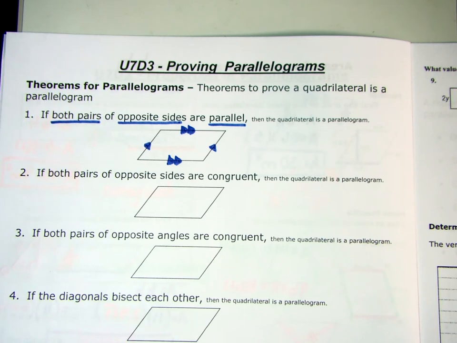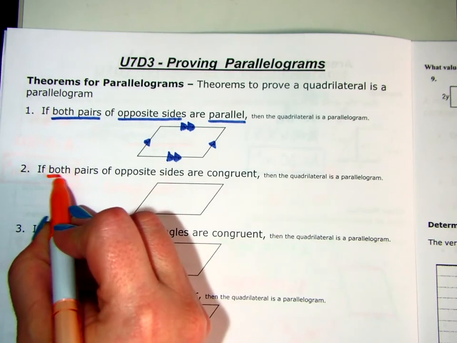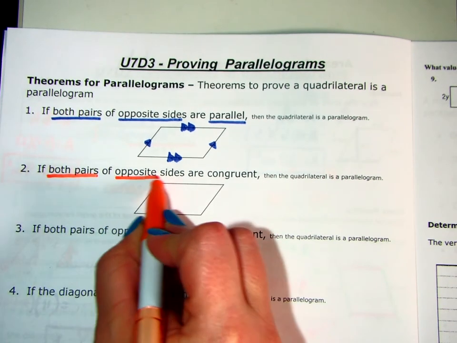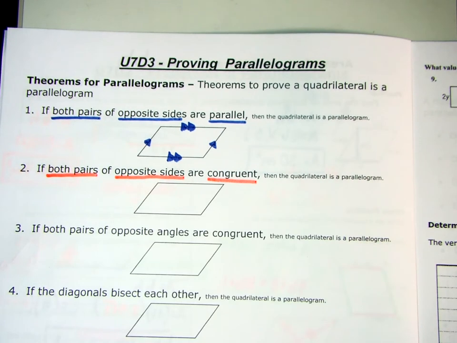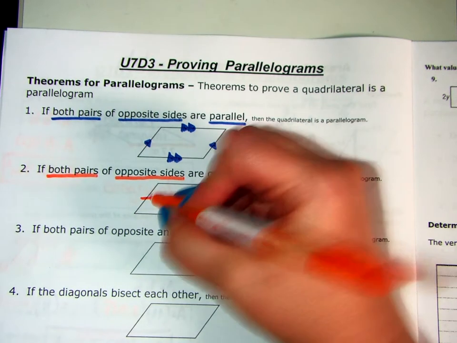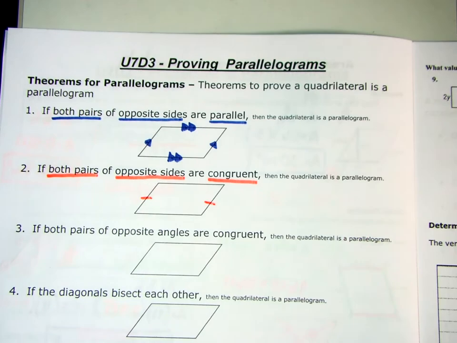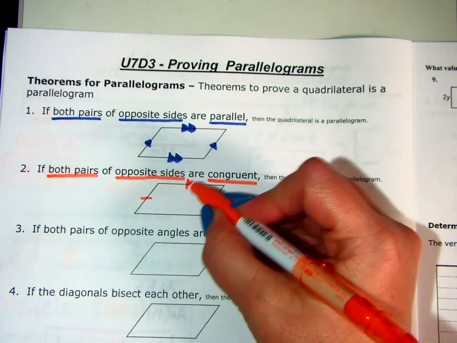Okay? The next one says both pairs of opposite sides, so it starts out exactly the same, both pairs of opposite sides, but this time, congruent. So this time when I look at my picture, instead of seeing that my opposite sides are parallel, I'm going to see that those 2 sides are congruent to each other, and these 2 are congruent to each other.